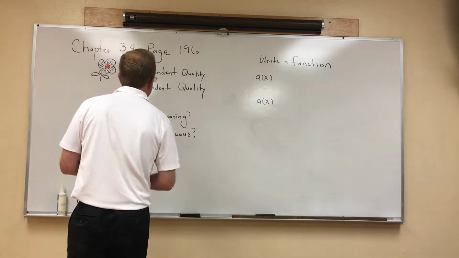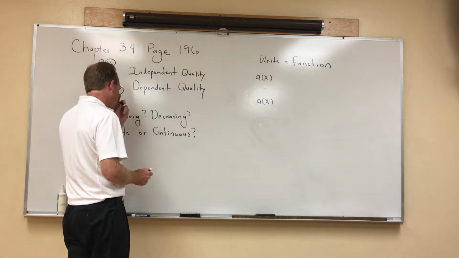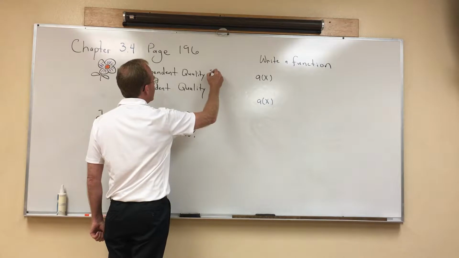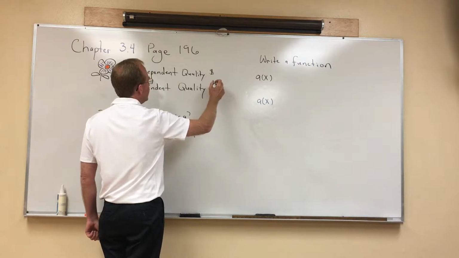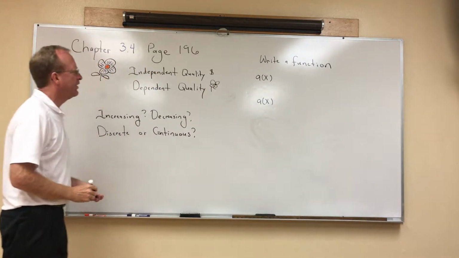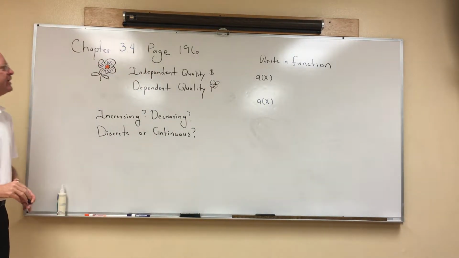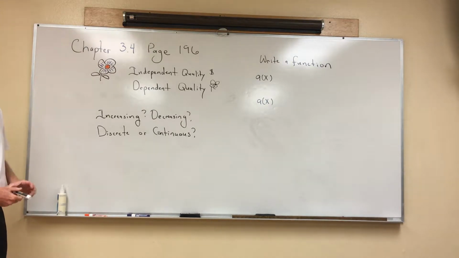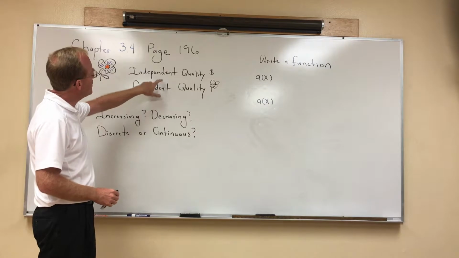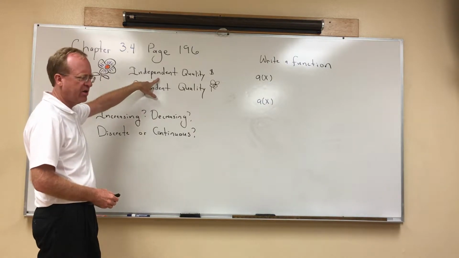I'm thinking that the independent quantity is the cash. The dependent quantity is the flowers. So, what do you think? Is that right? Well, do the flowers depend on the cash?